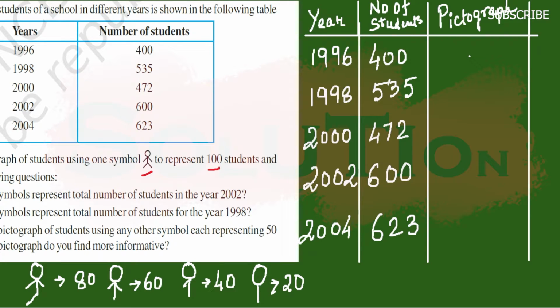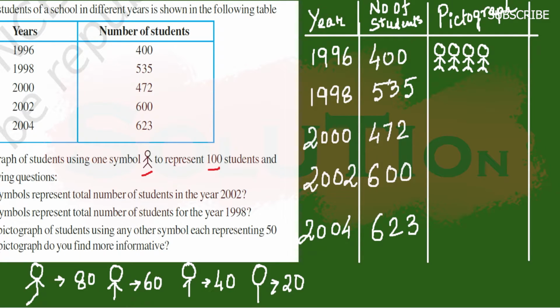With the help of the pictograph, if I write this 400, because one symbol means 100, for 400 we'll be using 4 students here. So 4 students I can write here. So let us draw this one by one. Yes, so this is our 4 students, which is representing 400.